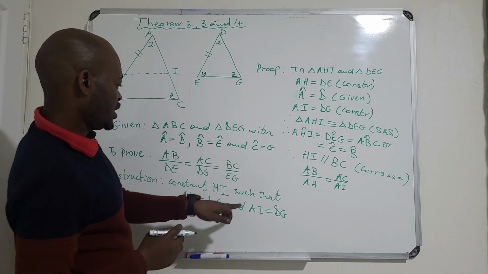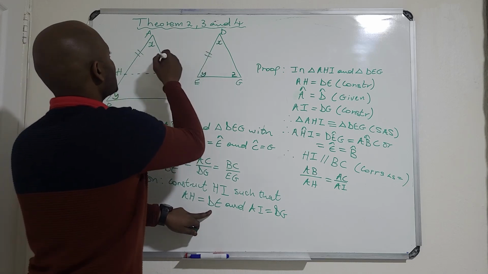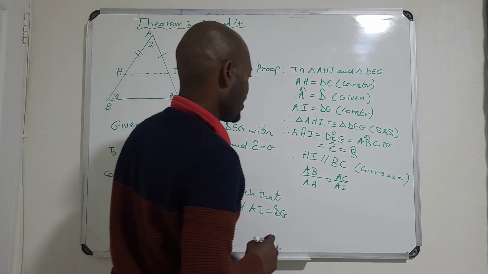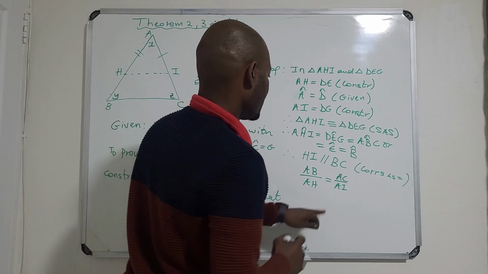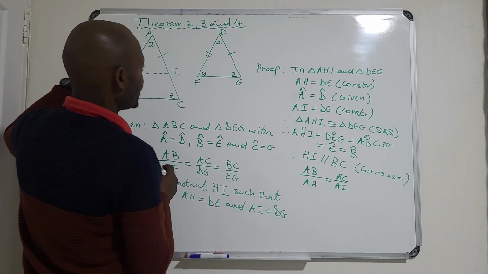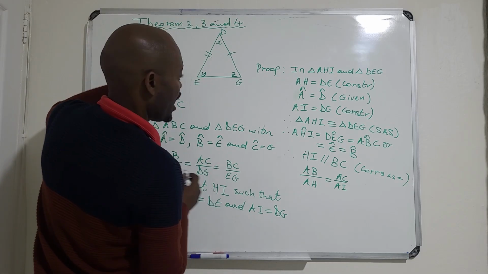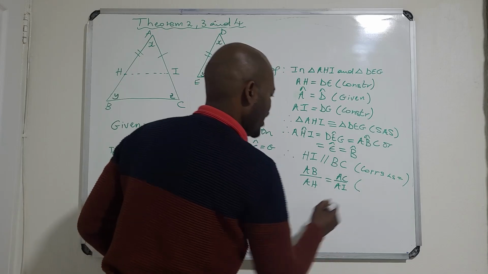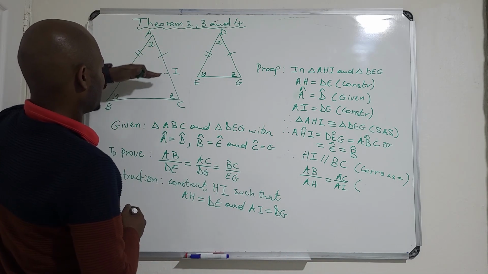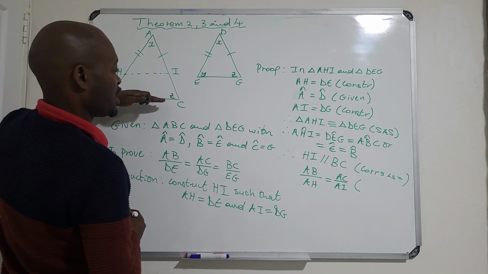Here we said we must construct in such a way that this is equal to that, and that's what we have done. Now, since AB over AH is equal to AC over AI, why is that? It is because of a segment parallel to one side of a triangle. That's theorem number one.